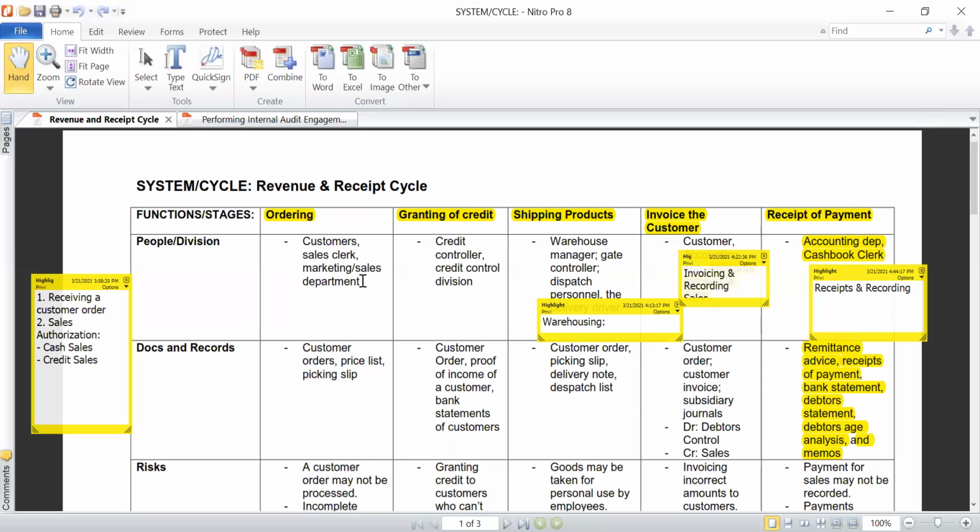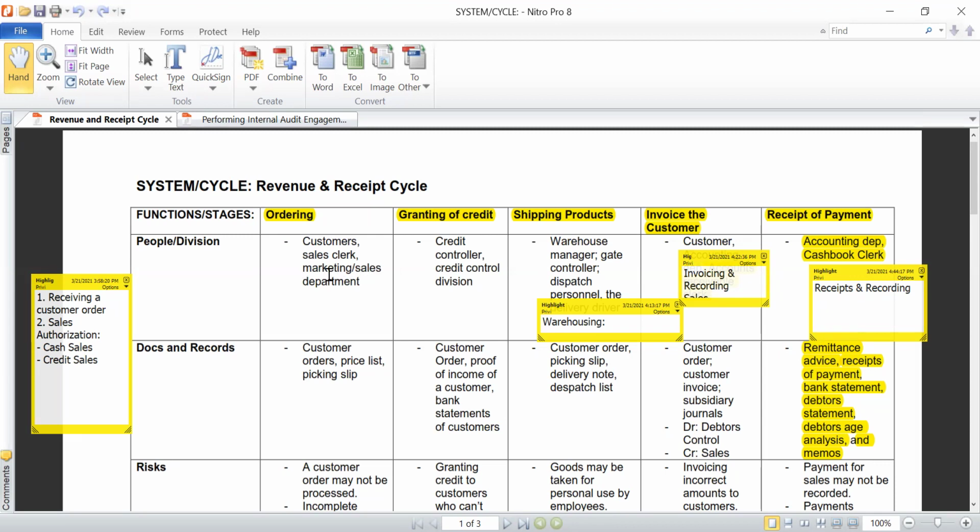Why do we need to have this particular stage in the cycle? What is its core purpose of existence in the cycle? Which individuals or departments within an organization would participate in that regard? Obviously, we would expect to see, for instance, customer sales personnel, and the marketing or sales department being actively involved in that process.